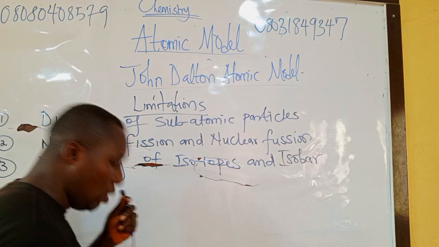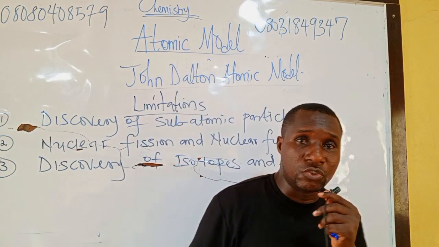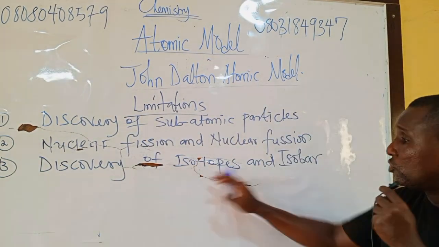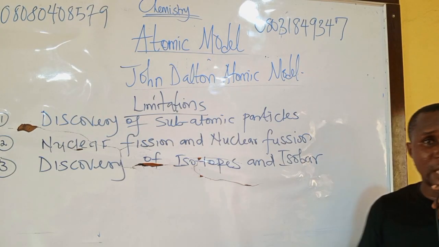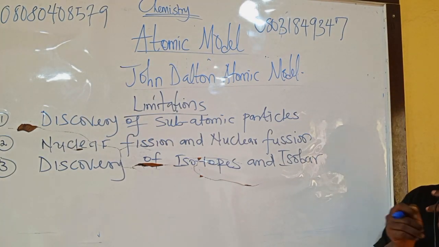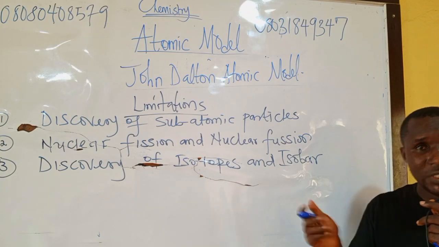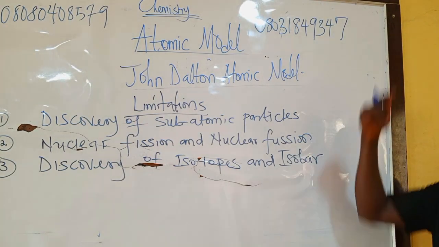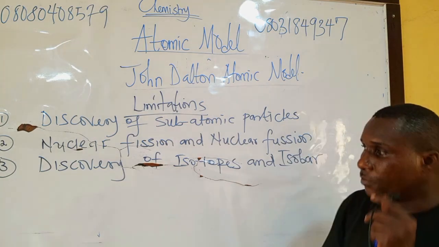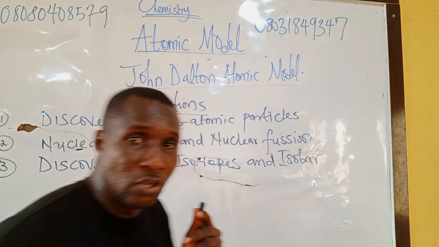If you want to know more about isotopes and isobars, I've done a video on that. Please, you can search for it: isotope, isobar from Neo-TISA School. You will see it there. The discovery of isotopes and isobars proved the third atomic model of John Dalton wrong.